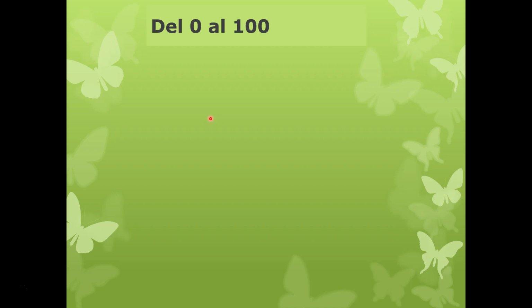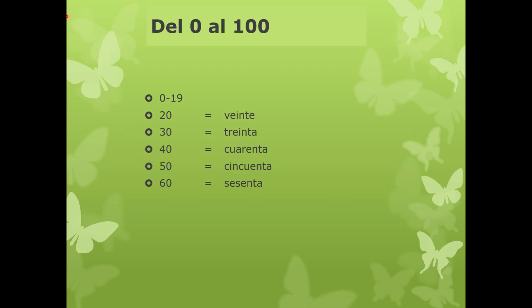So from del 0 al 100, from 0 to 100. So we already have numbers over here: 20, 30, 40, 50, 60, 70, 80, and 90. If you realize what I've done, I have divided the numbers in groups of 10.